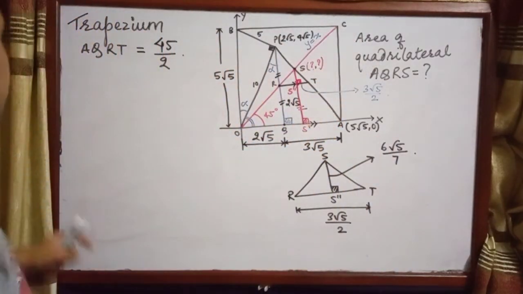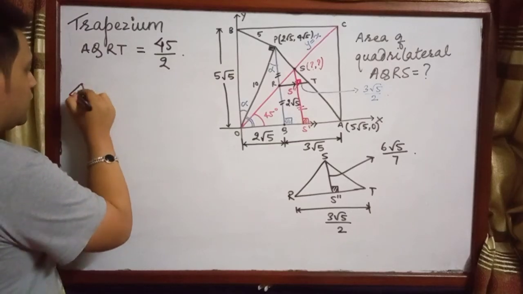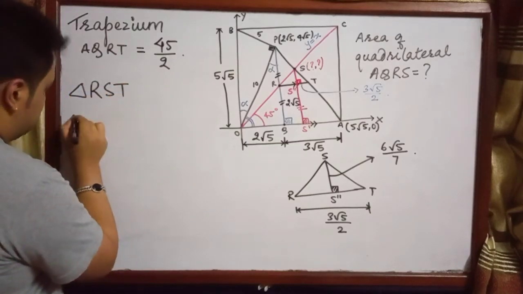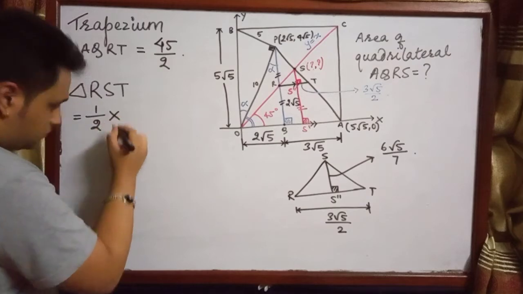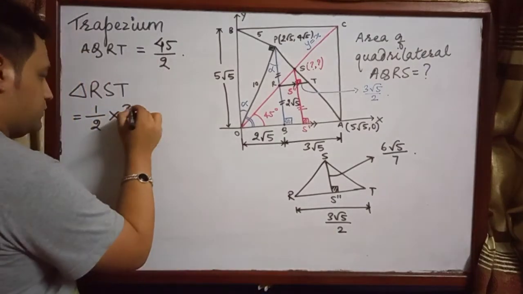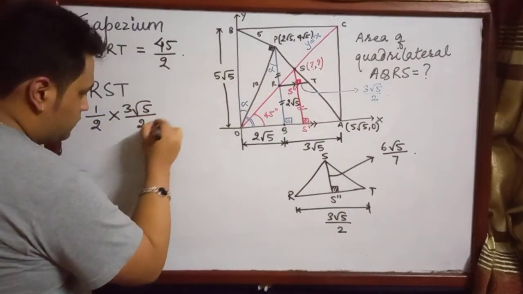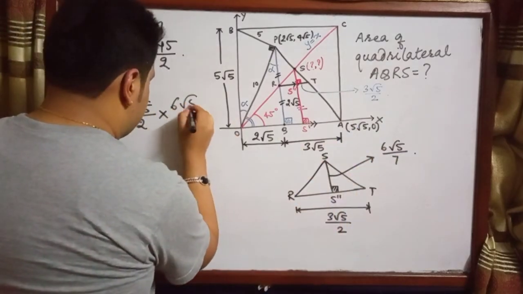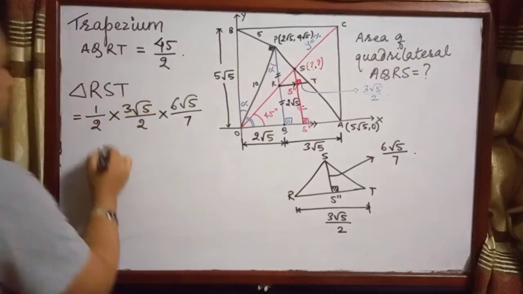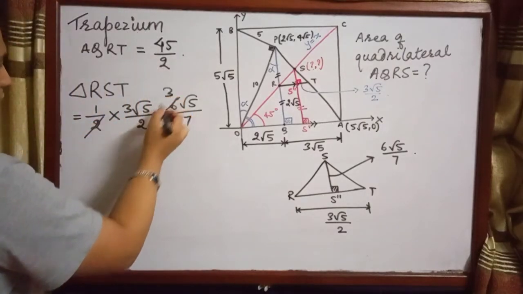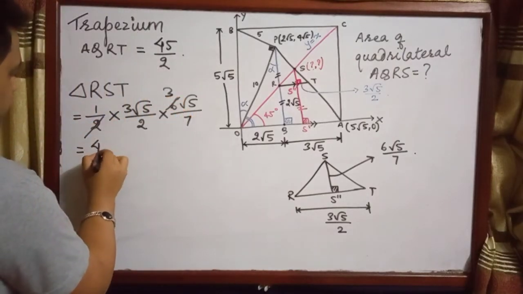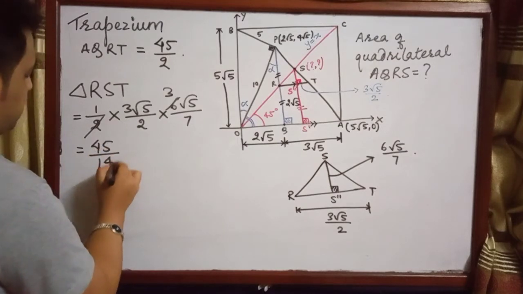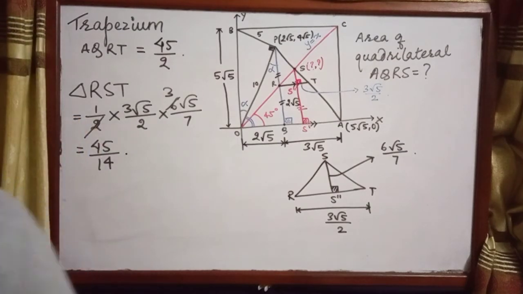So the area of triangle RST is equal to 1 by 2 times 3 root 5 by 2 times 6 root 5 by 7. So this is 3. What we have is 45 by 14. Okay, just simple calculation.